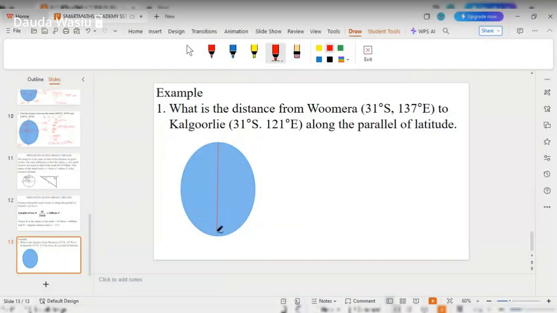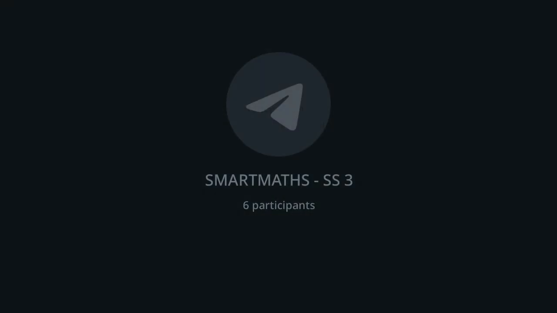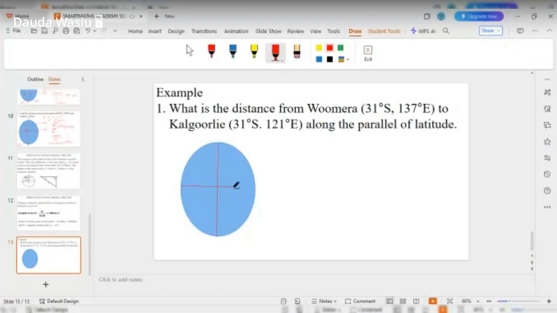Then the second one, so we have this. What are you going to do now? You locate 31 degrees south.